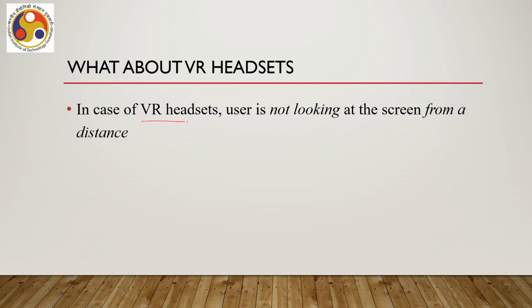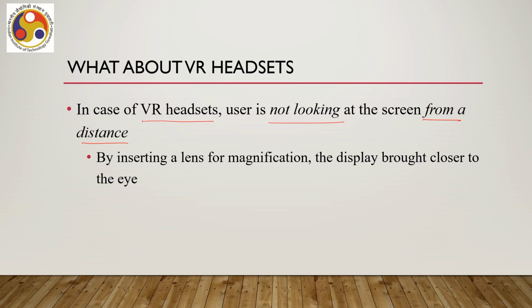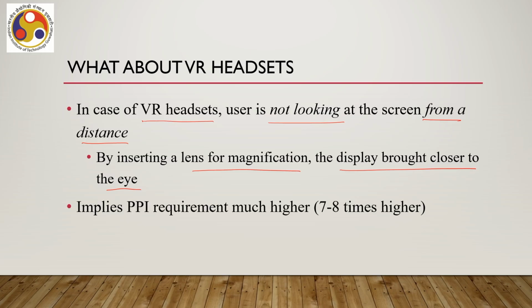In the case of VR headsets also, which are very close to the eye, the user is not looking at the screen from a reasonably large distance. By inserting a lens for magnification, the display is brought very close to the eye, and that implies that the PPI requirement is much higher, probably 7 to 8 times higher than what is there in a retina display.